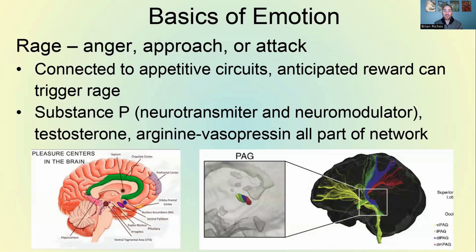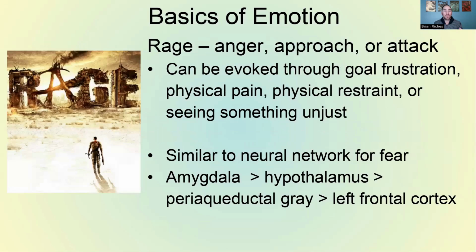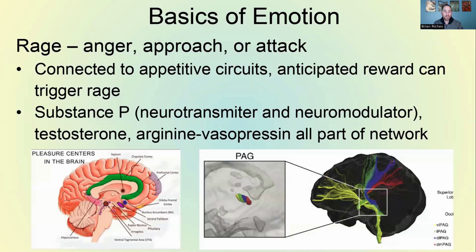So appetitive circuits, wanting something. If you don't get an anticipated reward, if you want something and you don't get it, we see that that can also trigger the rage response. So that's why we see some of these same systems. So we've got amygdala, hypothalamus, periaqueductal gray, and left frontal cortex, all involved in this process.